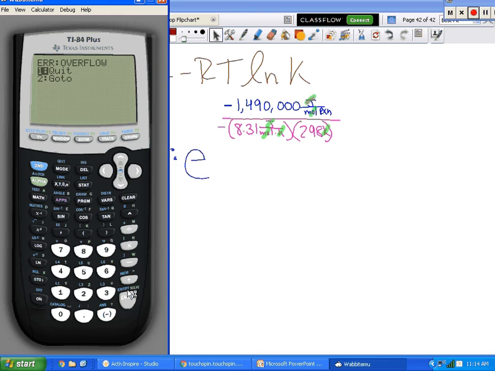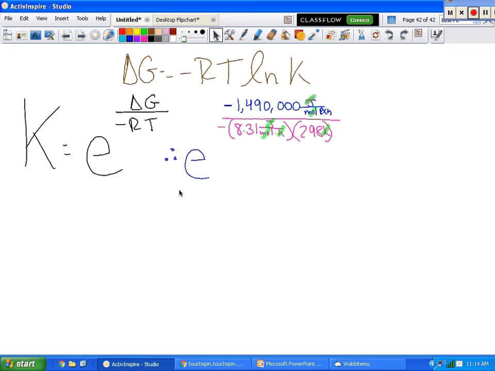Whoa, notice what it says. It's not an error. It is an overflow. I don't care. The whole point is that as long as you can set it up. So what was the answer? Shh, stop screaming.